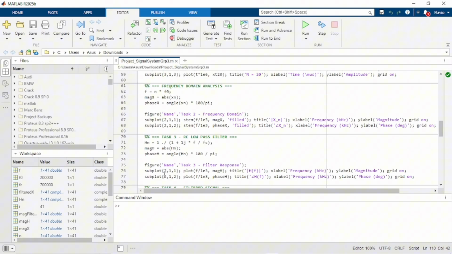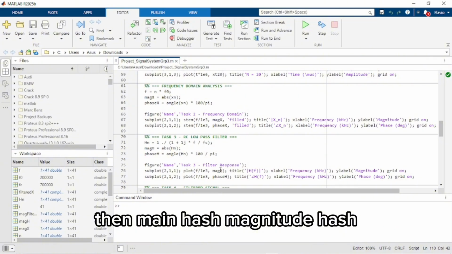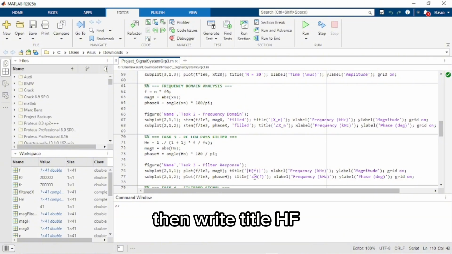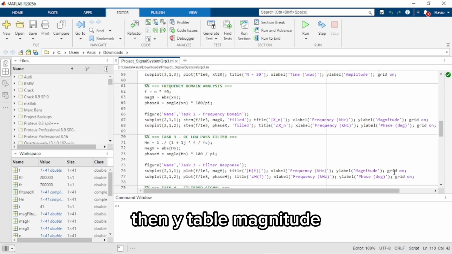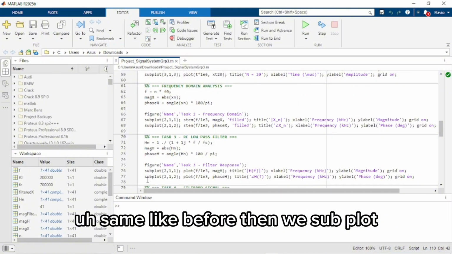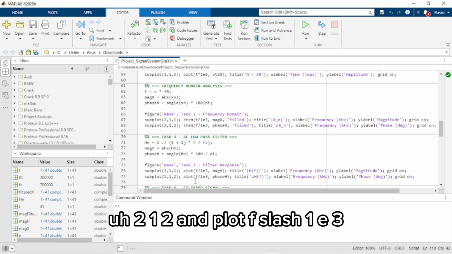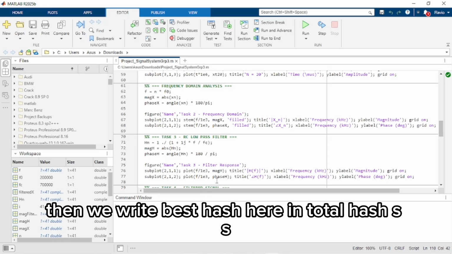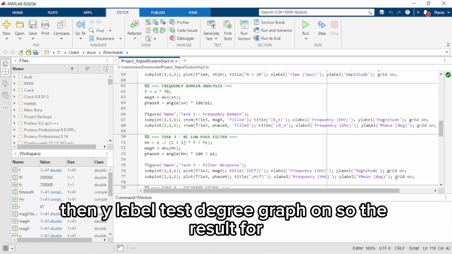Then we write subplot 211, plot f divided by 1e3, mag H, magnitude, then title, x label frequency in kilohertz, y label magnitude, and grid on. Same as before, then subplot 212 and plot f divided by 1e3, then we write phase H here, x label frequency in kilohertz, y label in degrees.